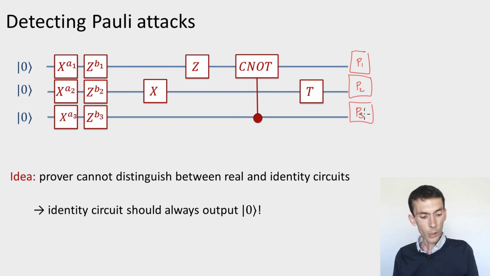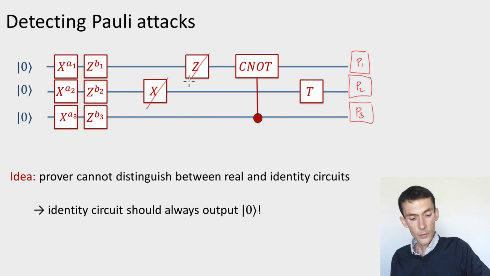So how do we do such a thing? Well, let's recall how we're having the prover execute the circuit in the first place. So in order to perform an X gate, we actually didn't say anything to the prover, we updated the keys. So if we want the X gate not to be applied, we don't update our keys, but the prover is not going to notice because anyways it wasn't told that an X gate was applied.